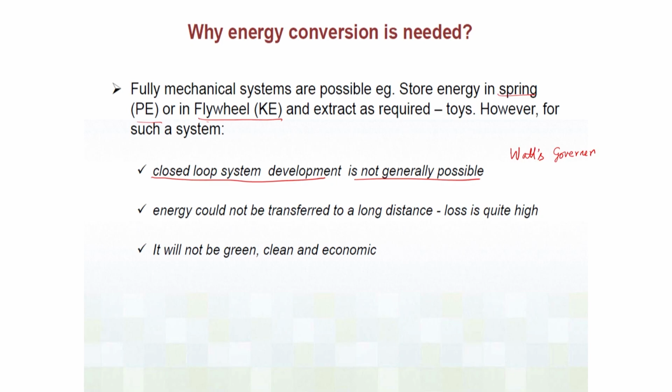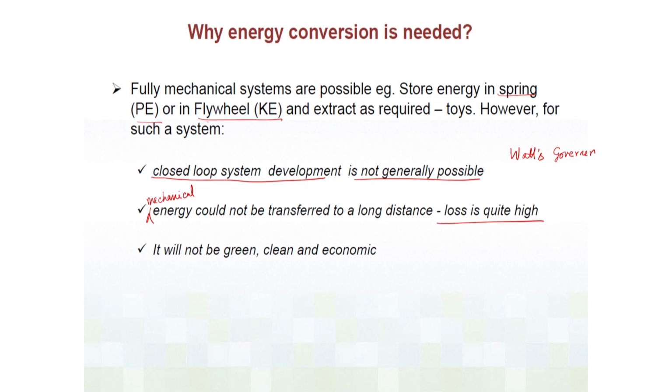Another problem is that mechanical energy, not just energy in general, could not be transferred to a long distance; the loss is quite high. However, electrical energy could be transferred to a longer distance.